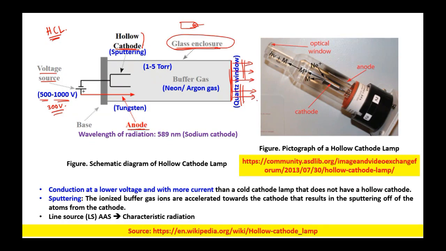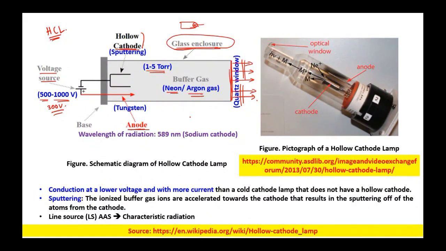Now this glass enclosure is an enclosed area with a very low pressure, in the range of 1 to 5 torr, and it is filled with either neon or argon gas.